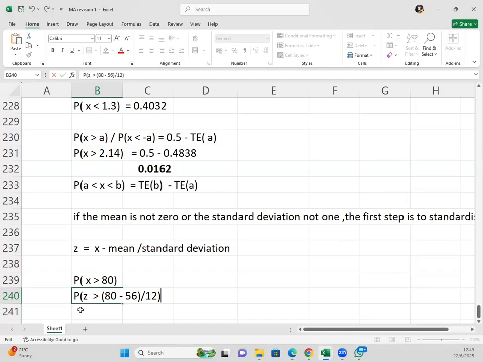So can we reduce this together? Please help me out. I want you to simplify this side where we have 80 minus 56. So you say 80 minus 56, then you divide the answer by 12. What do we get?